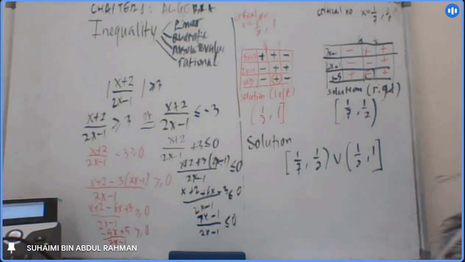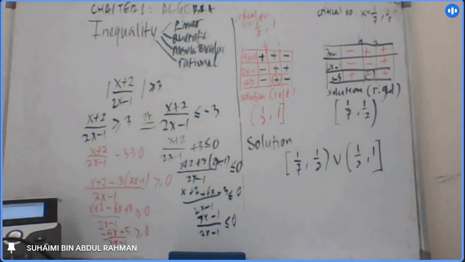Because the tutorial consists of many questions, you can do it gradually, little by little. Let's say after finishing the part on inequality, you can do the questions on inequality.